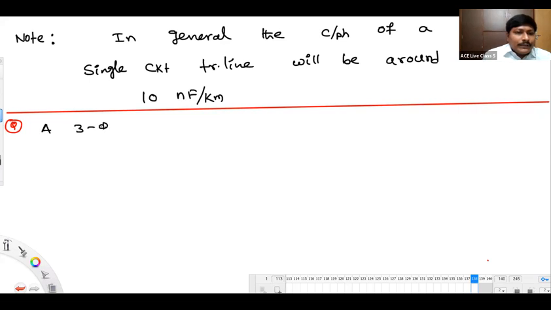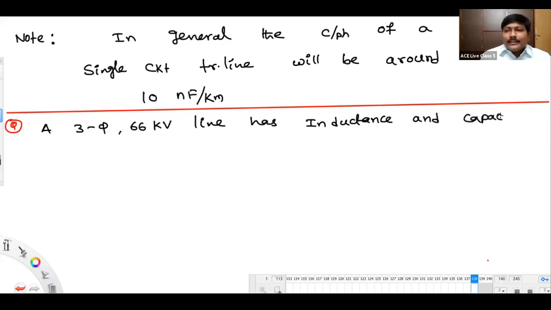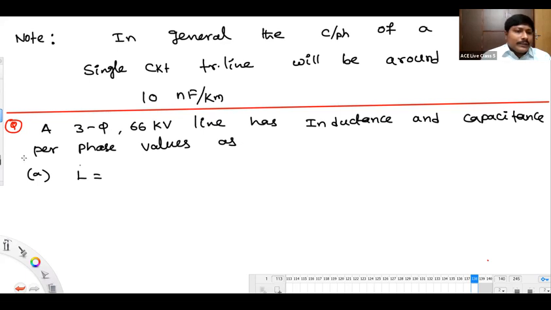A three-phase 66 kV line has inductance and capacitance per phase per kilometer values as follows. Option A: L equal to 0.1 millihenry, C 9.8 nanofarad.